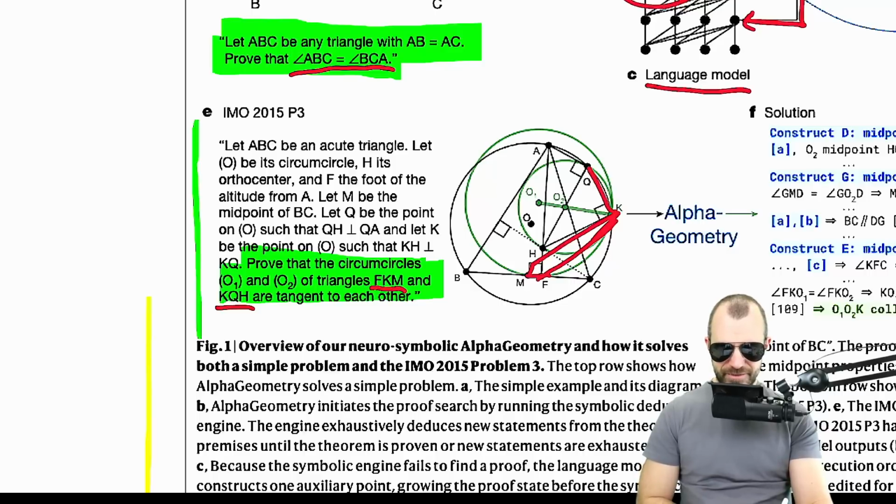Q, K, Q, H, these ones right here, so that the circumcircles of triangles FKM and KQH are tangent to each other, so that there's a point where they touch, I guess.